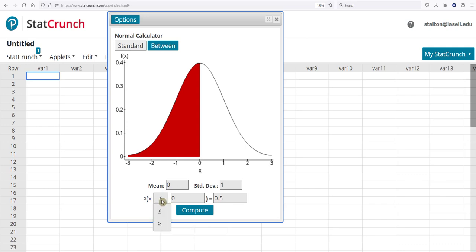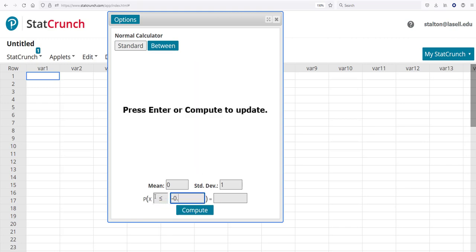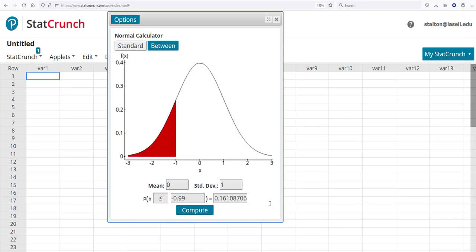We can change this less than to greater than, but in this case it is less than, so I'm going to keep that, and we want negative 0.99. I'm going to type that in this box here, and I hit compute. As you can see, once you hit compute, the graph comes up and it gives you the answer in that box, 0.161, and then you can round that to 0.1611.